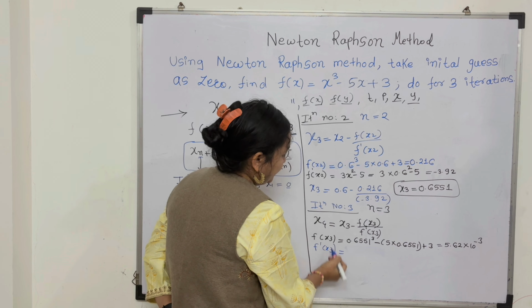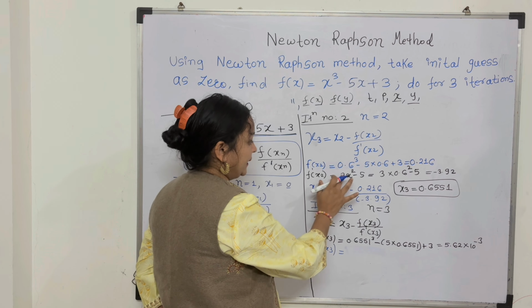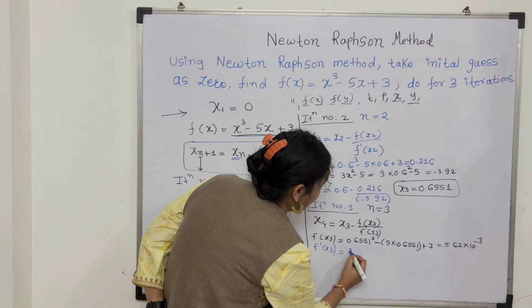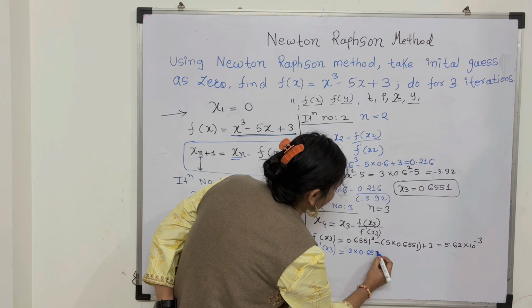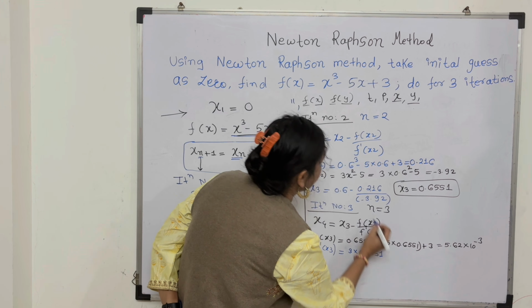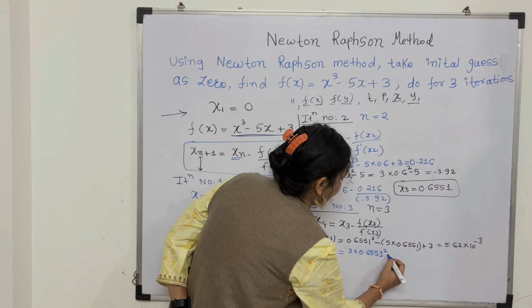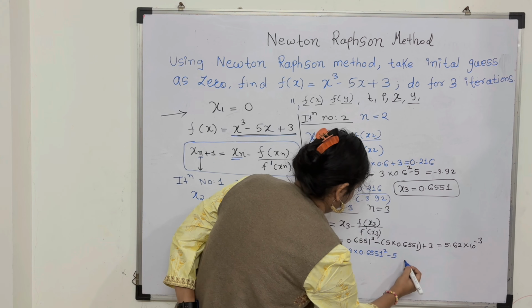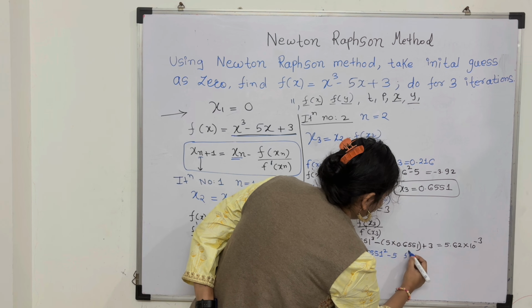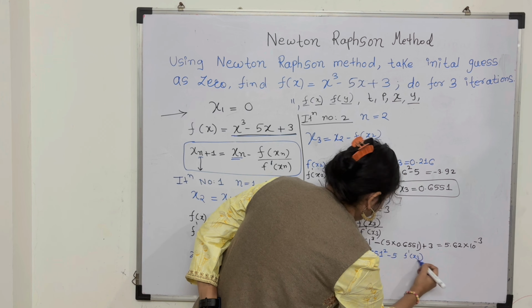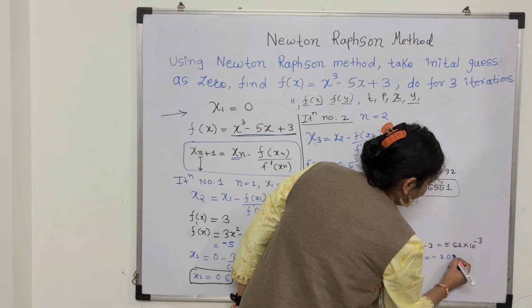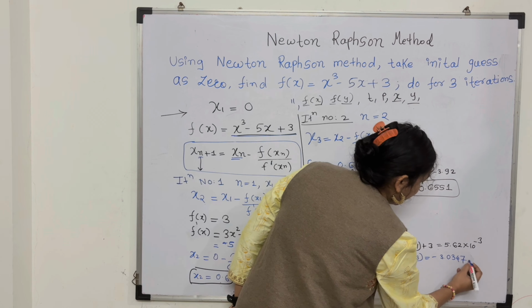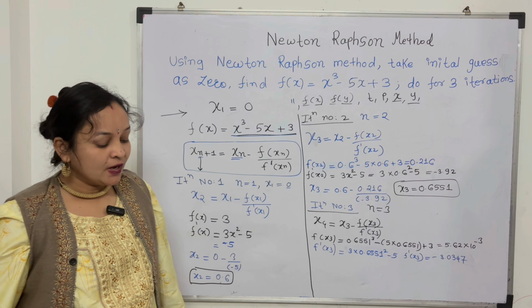And f dash of x3 is simply 3 multiplied by 0.6551 square minus 5. If we solve this, f dash of x3 will become minus 3.0347.